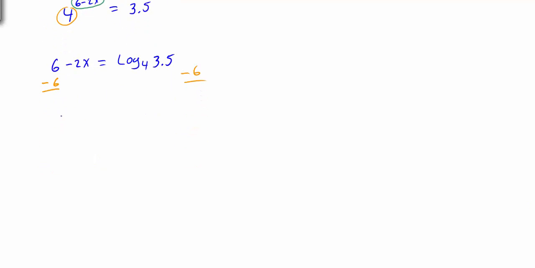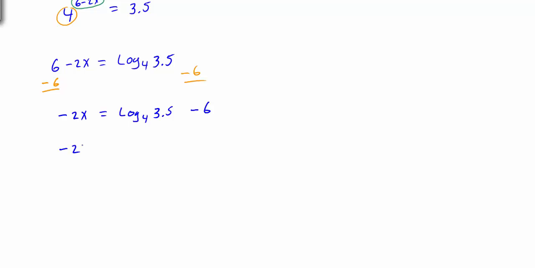And we're left with a negative 2x equals log base 4 of 3.5 minus 6. Now, just so that we don't get confused, we're not taking the log of 3.5 minus 6. It's the log of the 3.5, then we're subtracting 6.